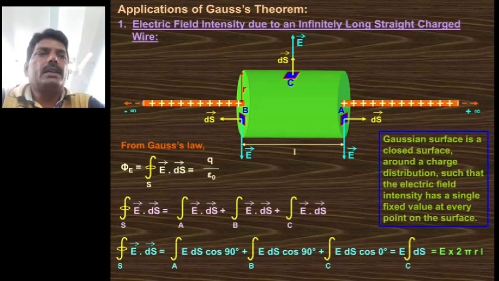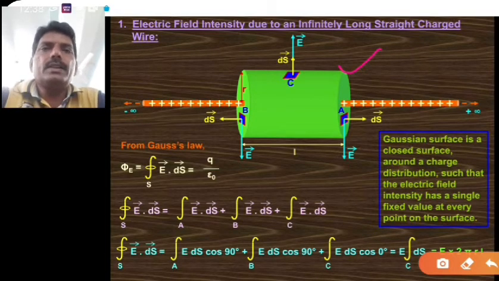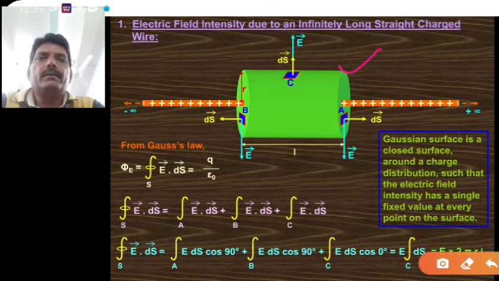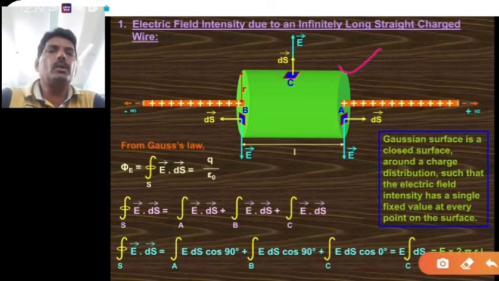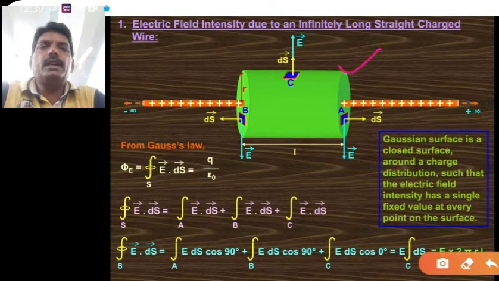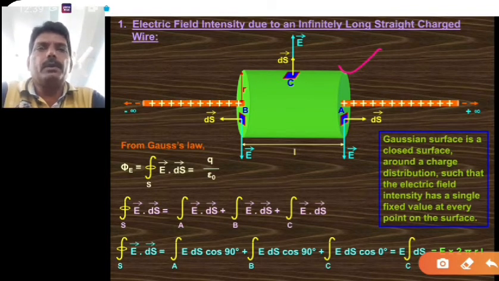I have considered the Gaussian surface as a cylindrical one here. Why have I considered the Gaussian surface as a cylinder? Because you have to choose the Gaussian surface in such a way that the electric field intensity and the area vector are either perpendicular or parallel to each other, so that the angle between them is 0 or 90 degrees, and it is very easy from the calculation point of view.